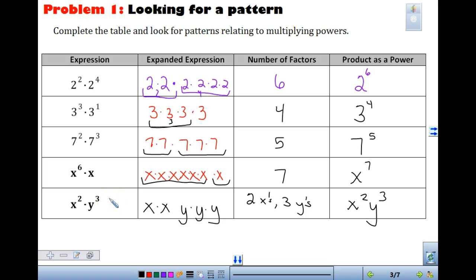The base was always what in each problem? So the 3 to the 3rd, 3 to the 1, 2 to the 2nd, 2 to the 4th. Oh, they were all the same number. So it's the same number as our base, right? So when the base is the same, what do we get to do with our exponents? 2 and 4 to get 6, 3 and 1 to get 4, 2 and 3 to get 5, 6 and 1, we add them, right?